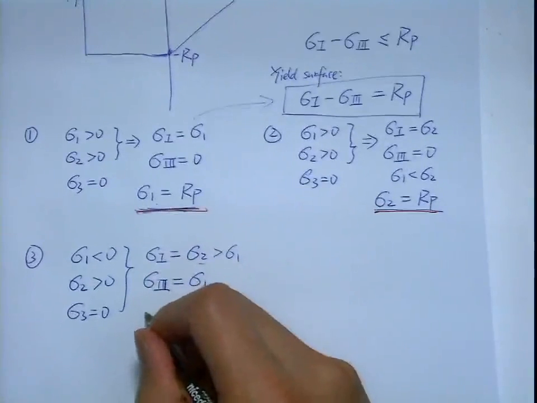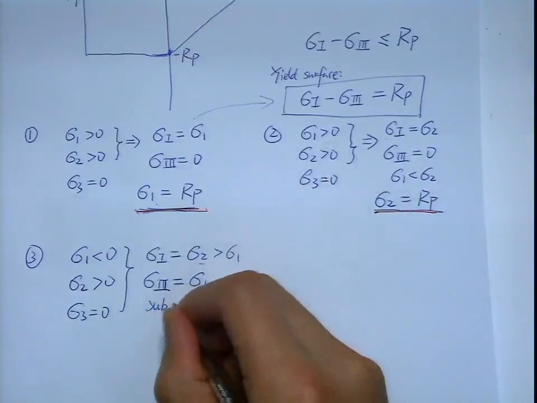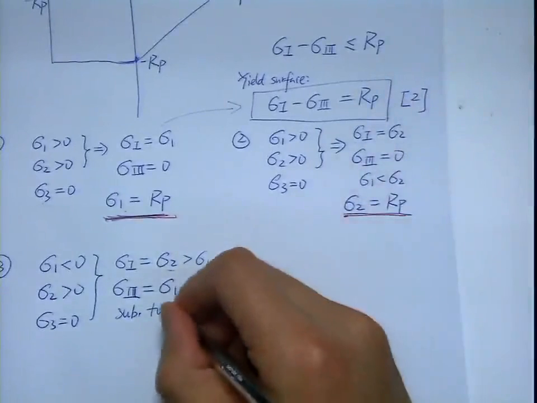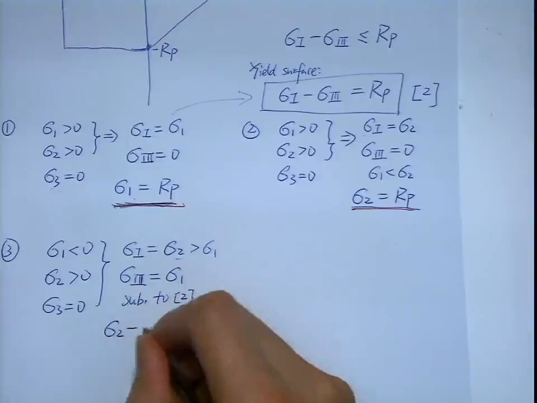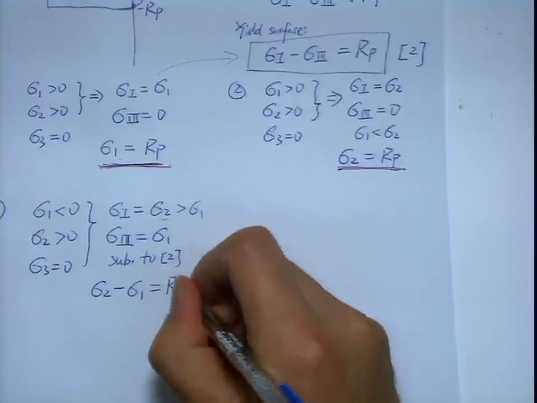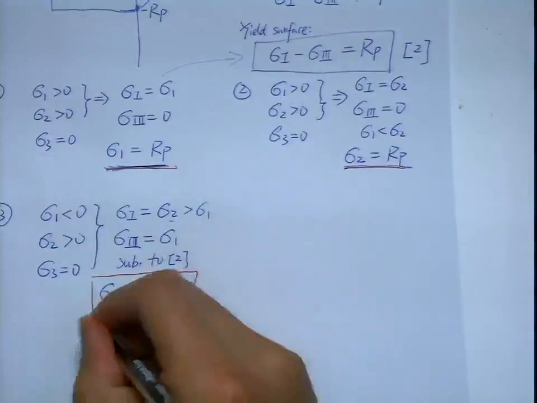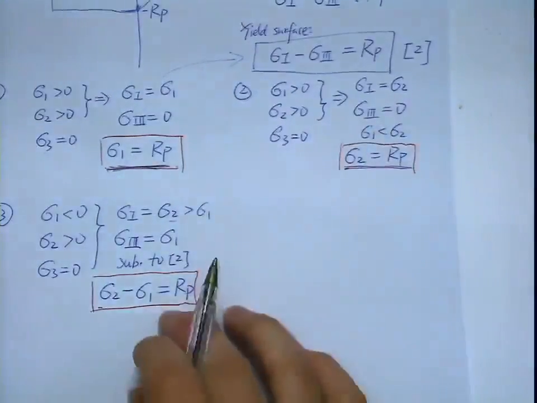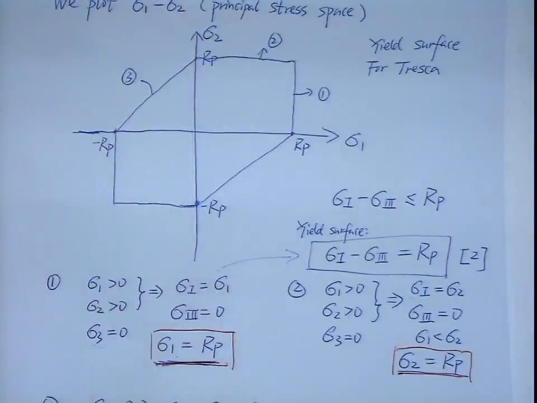So sub that to equation 2 here. You have sigma 2 minus sigma 1 now equal to RP. Okay? That gives you this line, line 3.